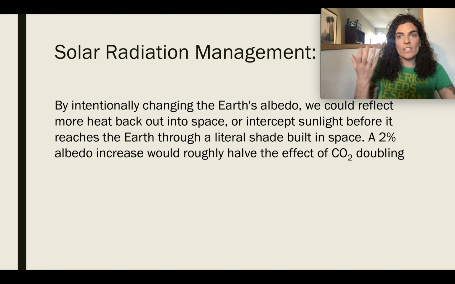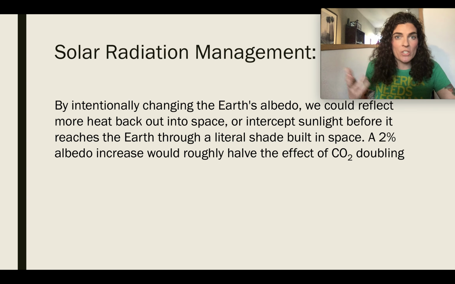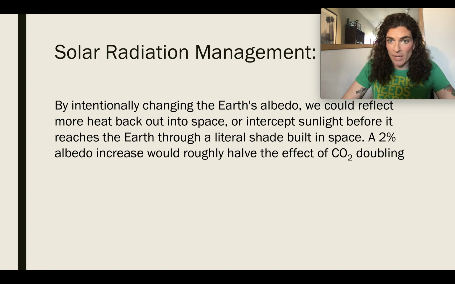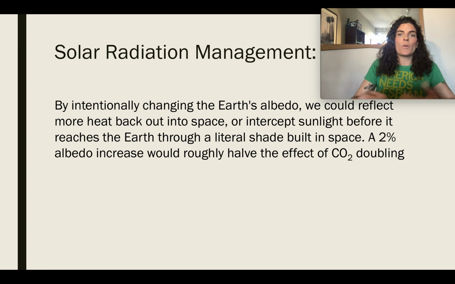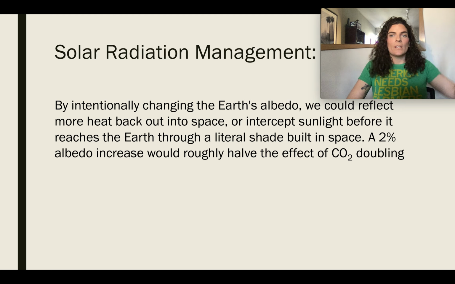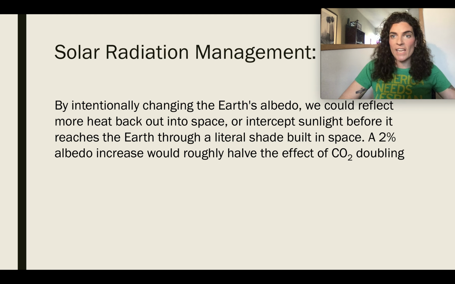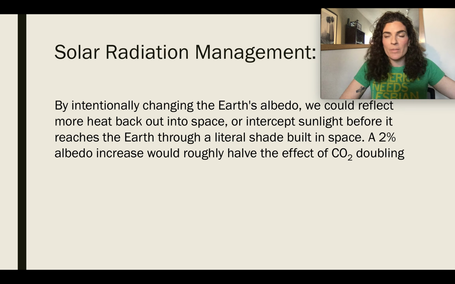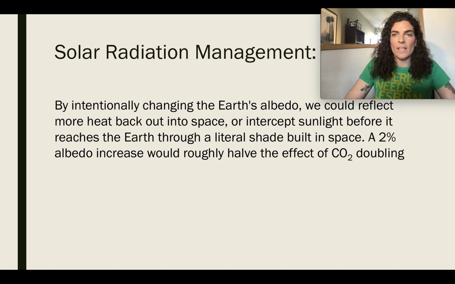The Earth's albedo is 30%, 0.3, right? If we intentionally change the albedo, change how much the Earth reflects, then we could theoretically reflect more heat back out into space and intercept some sunlight before it reaches the Earth through basically a literal shade or mirror, or putting something in between to reflect some of that sunlight.